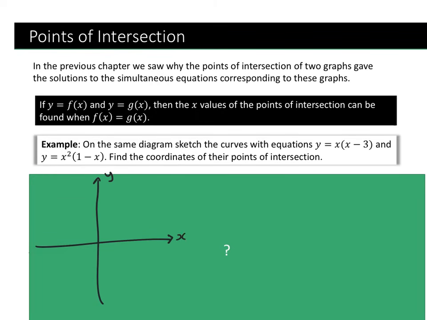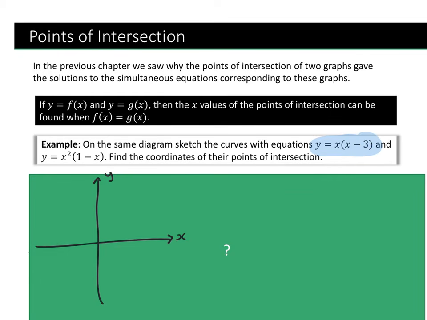We have, on the same diagram, sketch the curves for the equation y equals x(x minus 3), which I know is a quadratic, x squared minus 3x, okay? So x equals 0 and x equals 3. So we should be fairly comfortable right now sketching these.